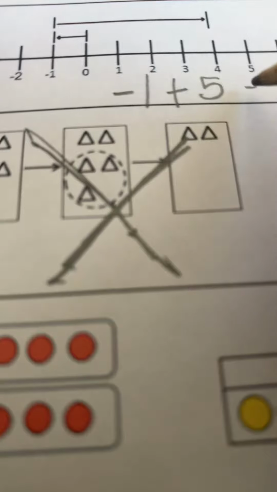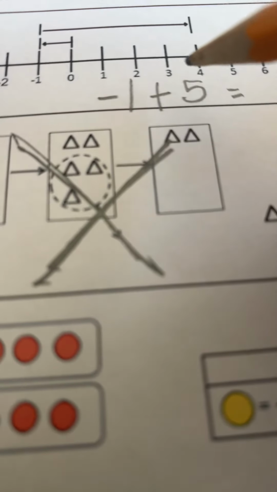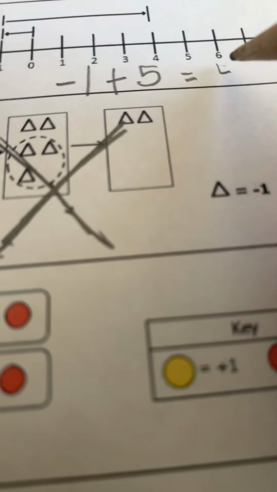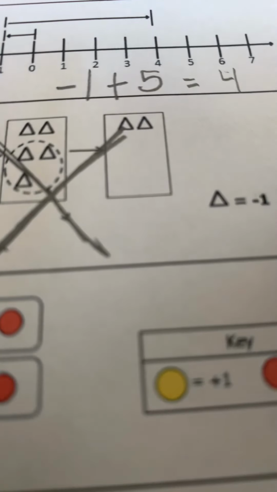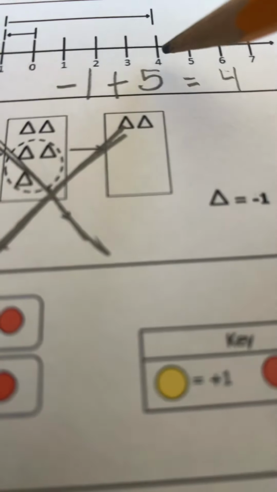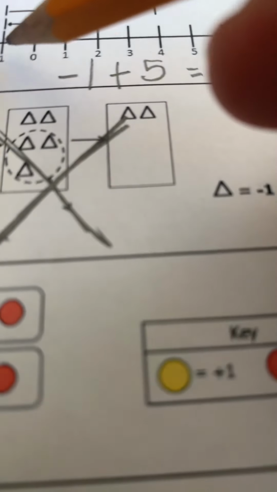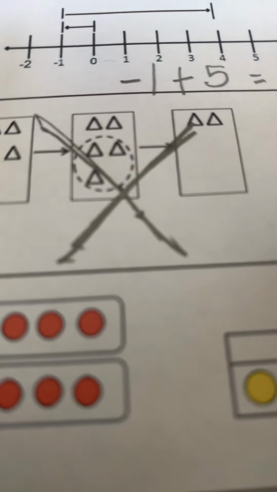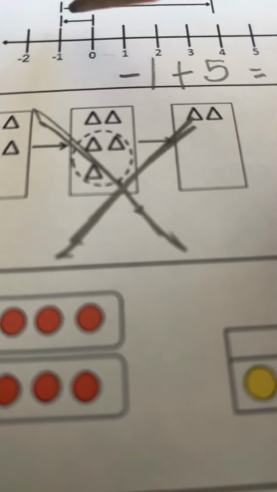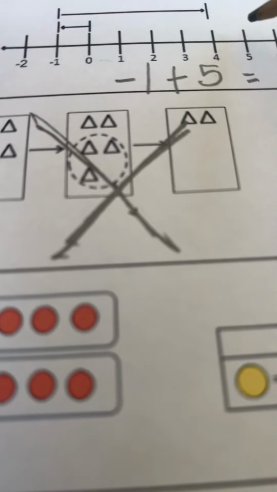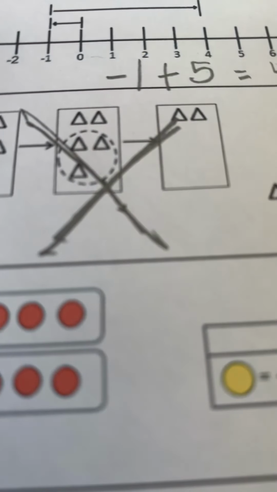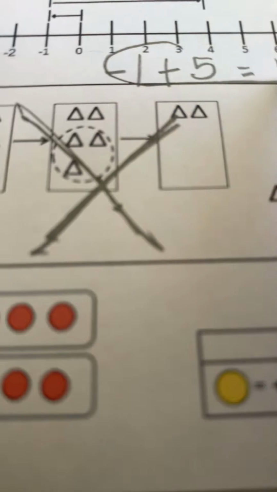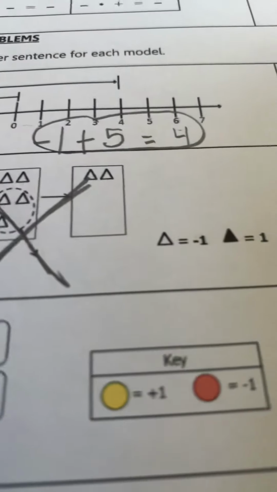And if I were to add this together, okay, 5 minus 1 is 4. And 5 is further away from 0 than 1. Okay, -1 again, think by absolute value, is only 1 space away from 0. 5 is 5 spaces away from 0. So this is my number sentence.